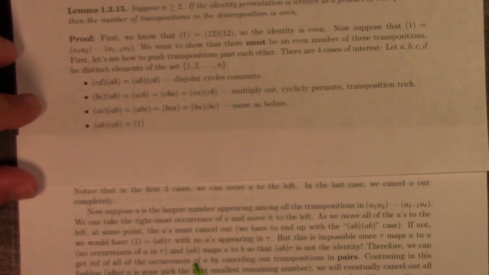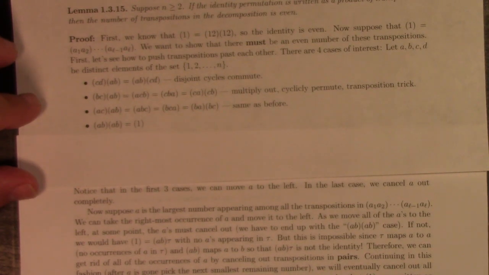Therefore, we can get rid of all the occurrences of A by canceling out the transpositions in pairs. It has to eventually come back down to that. And so if this has to cancel down to the identity by canceling out things in pairs, it must be that there's an even number of them, because otherwise you'd have one left over and it wouldn't be the identity. So therefore, the identity has to be even.